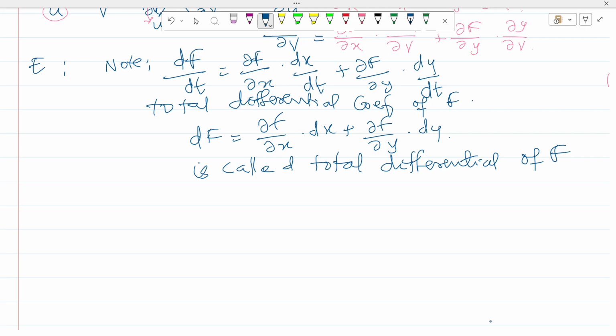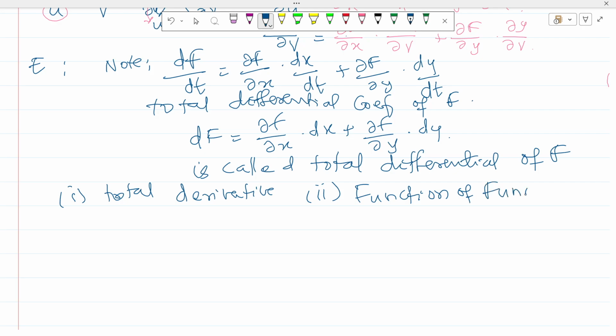In functions of several variables, the important things you have to consider are, first, what is meant by total derivative, and second, the function of function rule. If these two concepts are clear, then we can solve all the problems in this chapter.